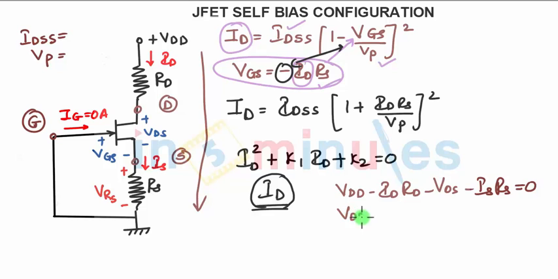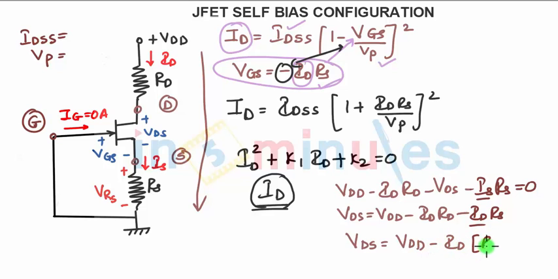So I can find VDS as VDD minus ID into RD minus ID into RS, because IS and ID are the same. So I can find VDS as VDD minus ID, taking common, RD plus RS.